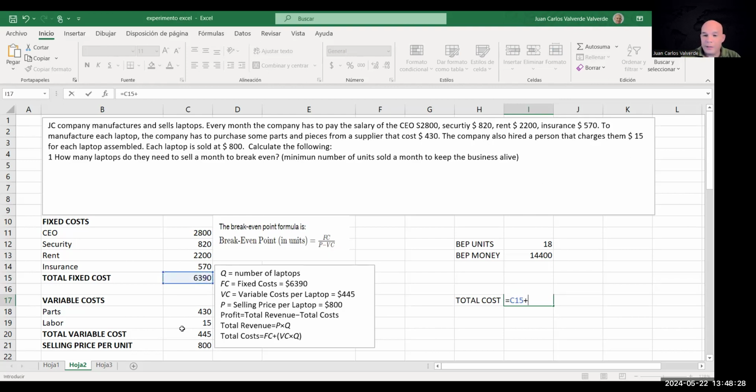We need to add variable cost, which is $445, times quantity. How many laptops are we planning to sell? 18. So as you can see here, total cost, expenses, equals income. The company is not making any profit, it's not losing any money.